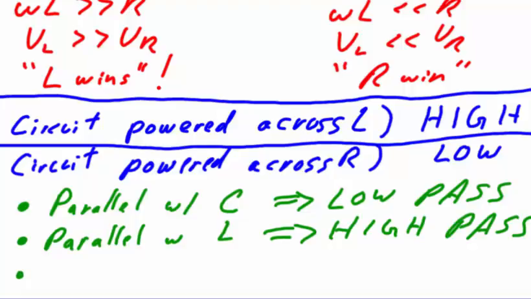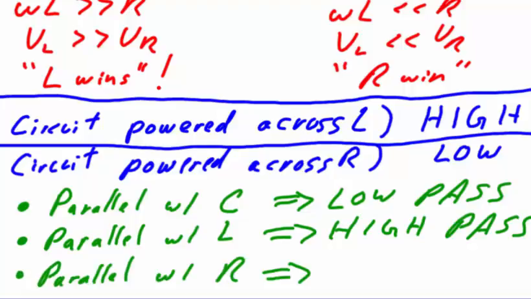And if you are in parallel with a resistor, then what you get are leftovers. The leftovers in an RL circuit are low frequencies. The leftovers in an RC circuit, since the capacitor is low pass, are the high frequencies. So in parallel with the resistor for an RC circuit is a high-pass filter.